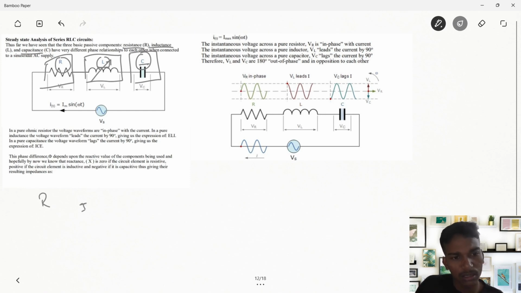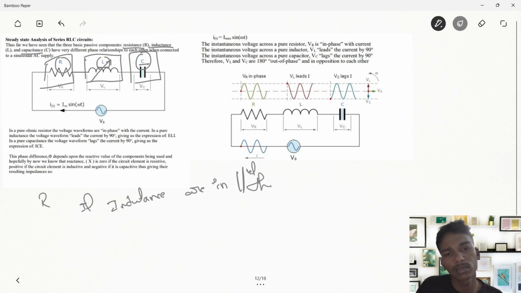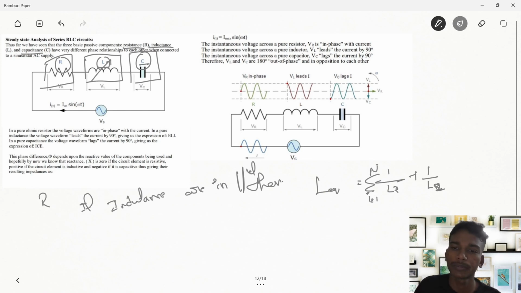If inductances are in parallel, then 1 by L equivalent equals 1 by L1 plus 1 by L2, and so on, the summation of 1 by Li, i equal to 1 to n.